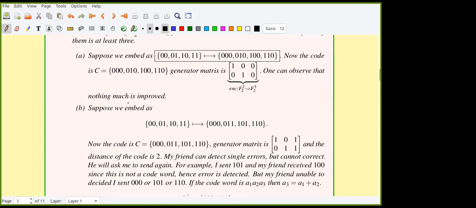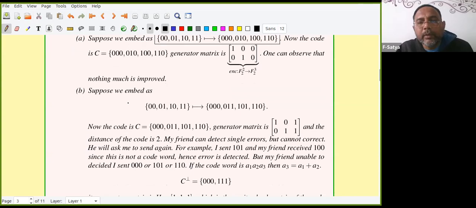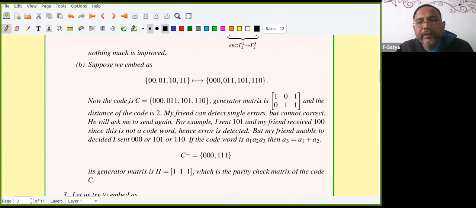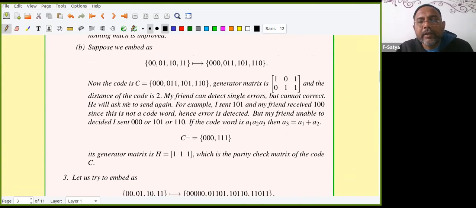Yes. So now what will we do? This is again what we discussed in the first lecture. Achila herself told what we are doing here. Instead of sending like that, we are adding the last bit, which is the sum of the digits: 0 plus 0 is 0, 0 plus 1 is 1, 1 plus 0 is 1, 1 plus 1 is 0.